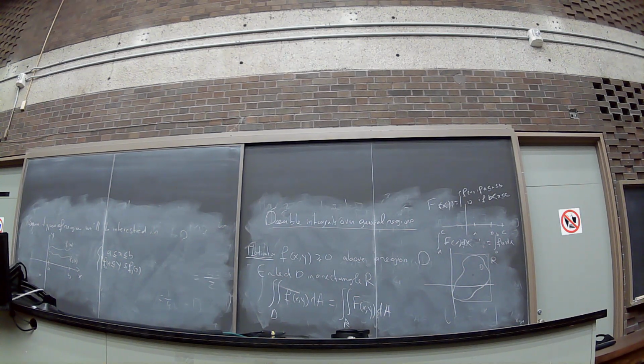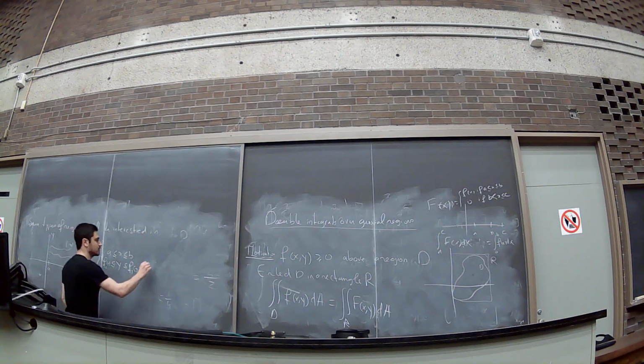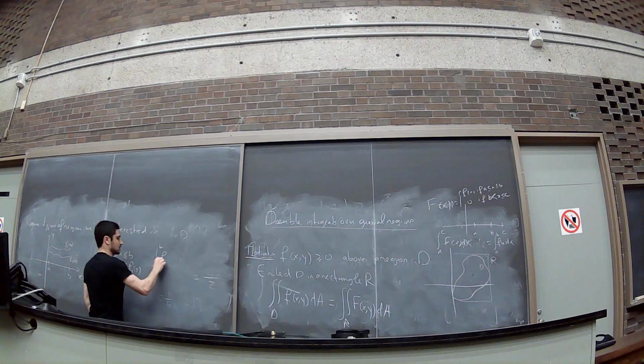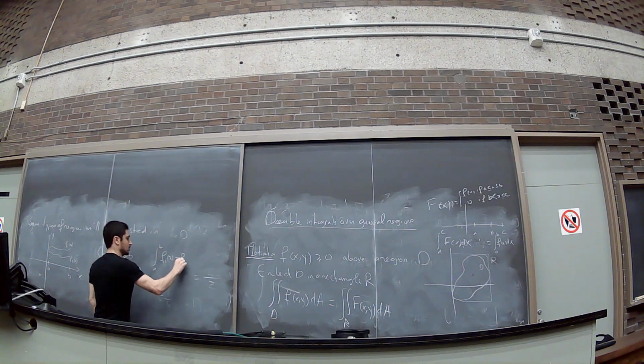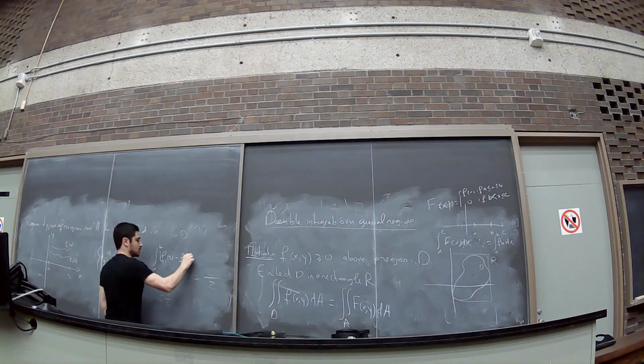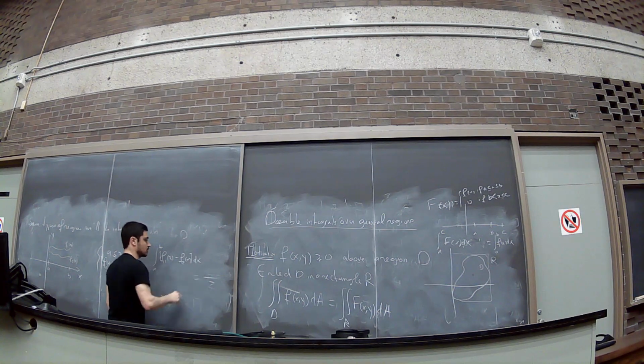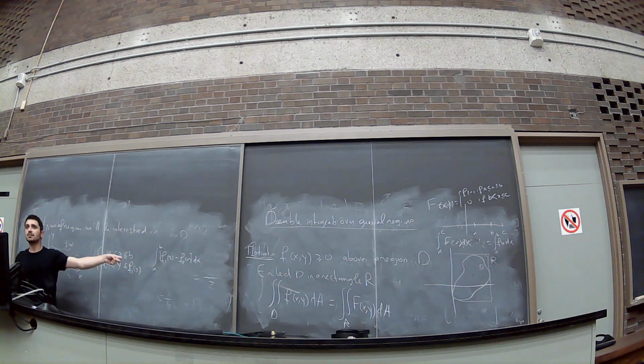You remember this? Find the area between the curves y equal to f1 of x and f2 of x from a to b. How did you find the area of this region? You integrated f1 of x minus f2 of x. You remember this formula?